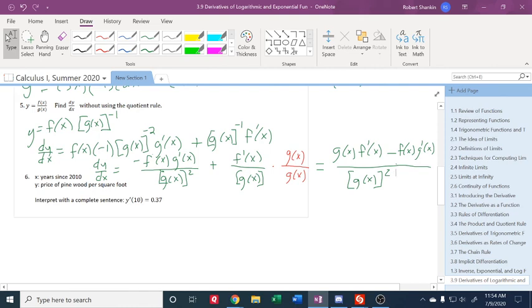Years since 2010, that's what X is. Y is the price of pine wood per square foot. So maybe you're in a furniture company and the price of wood is a huge thing you have to keep track of. Your whole business is going to depend on it.